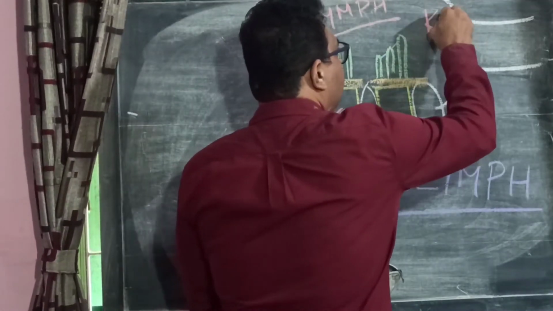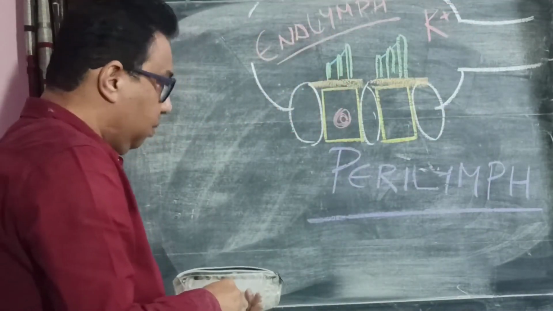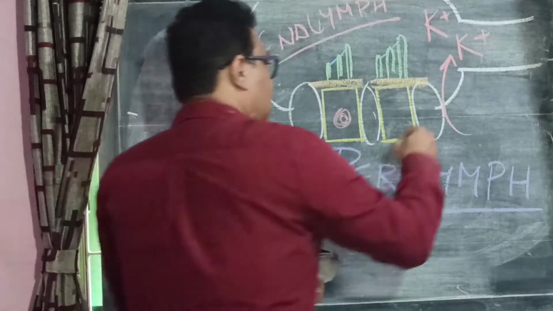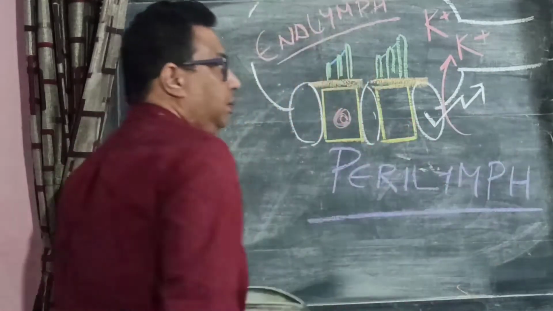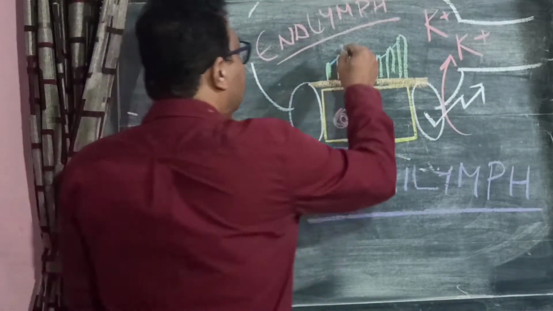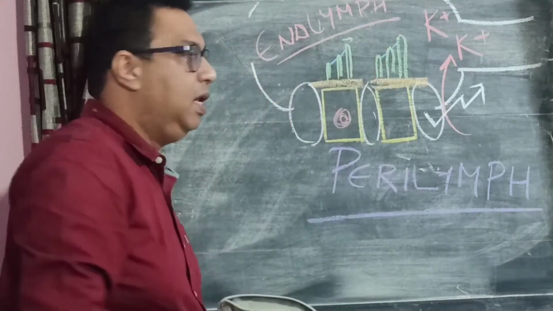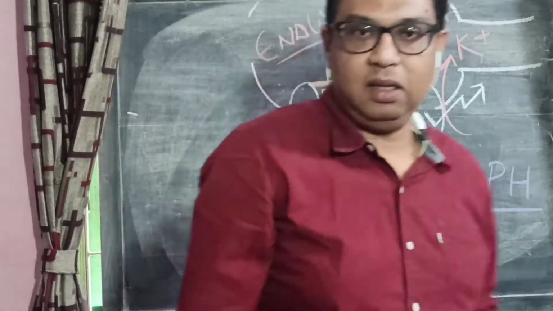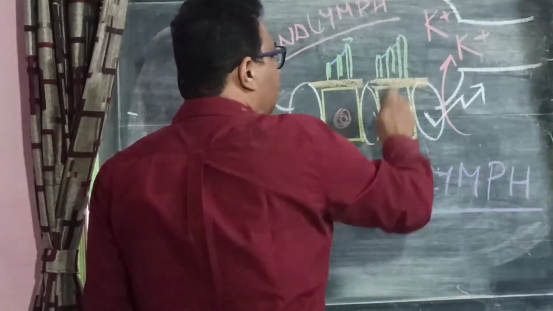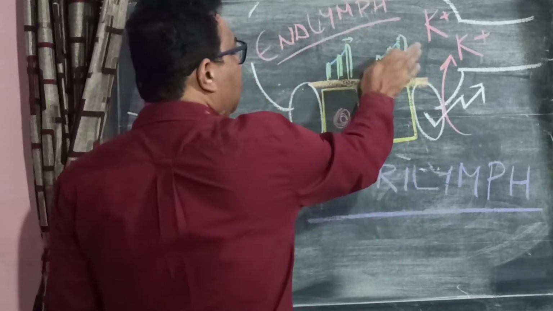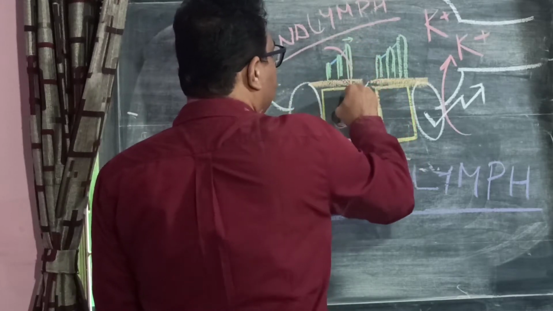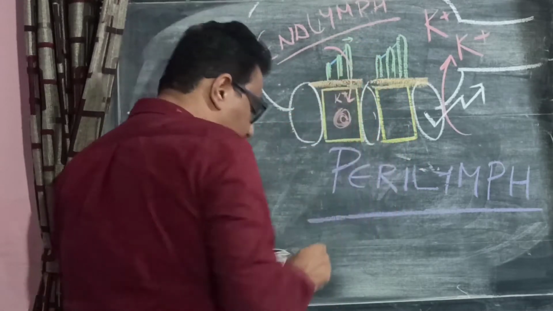Endolymph is very high in potassium. This potassium is pumped into the endolymph using power. So it is very high in potassium, and it has been seen that whenever there is a very minute displacement of the microvilli towards the longer stereocilia, there is huge entry of potassium inside the cell. So potassium enters and the cell is depolarized.